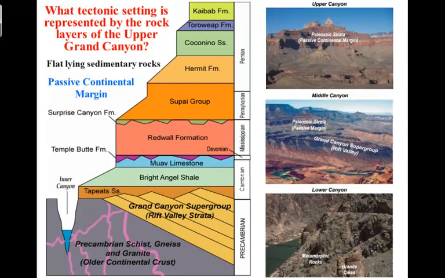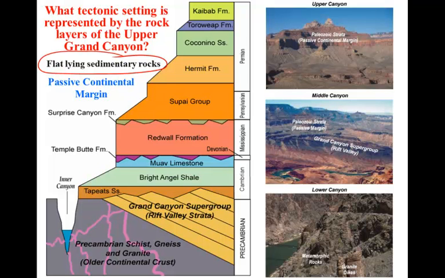What is the tectonic setting represented by the flat-lying sedimentary rock layers of the upper Grand Canyon? Well, what does a continental rift eventually grow into? Well, if the rifting process continues, a new divergent plate boundary develops, a new mid-ocean ridge, an ocean ridge that grows by seafloor spreading.